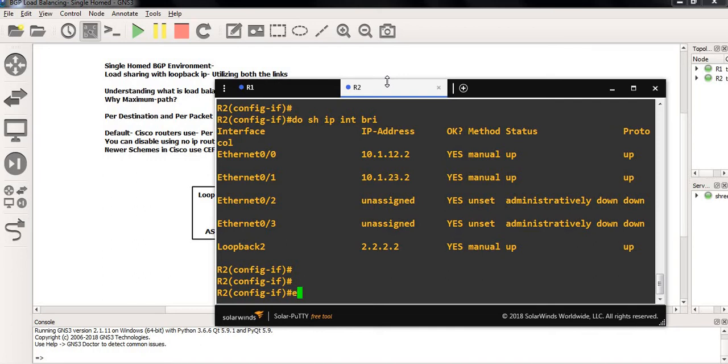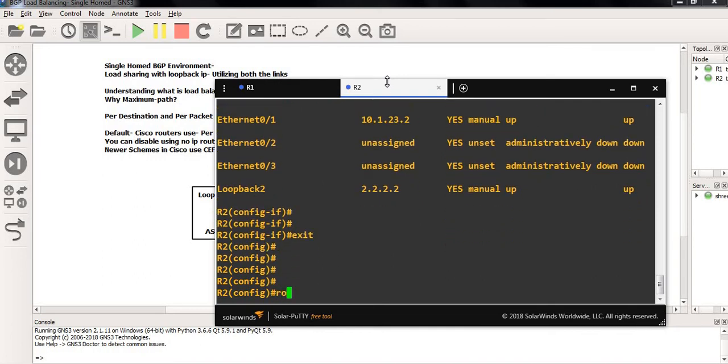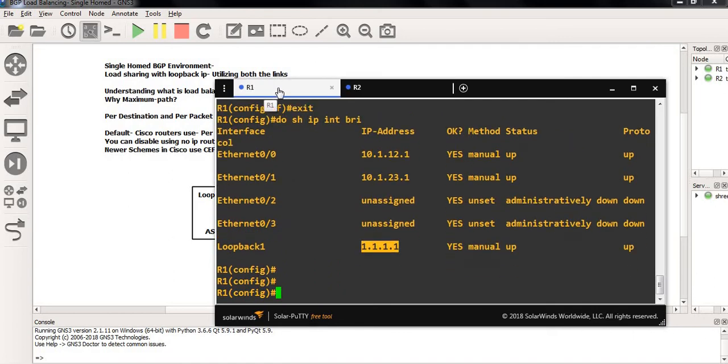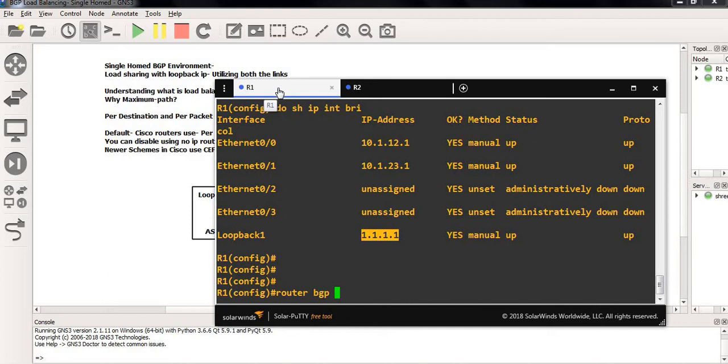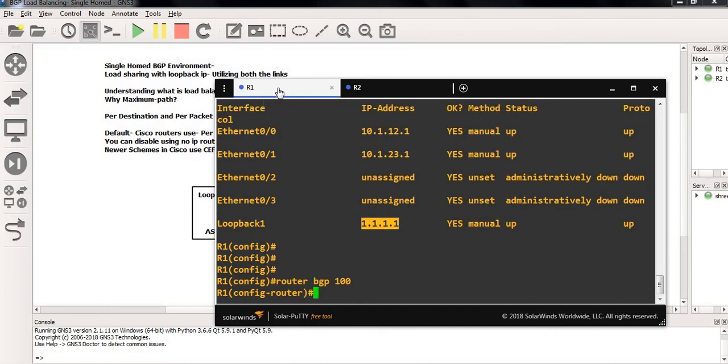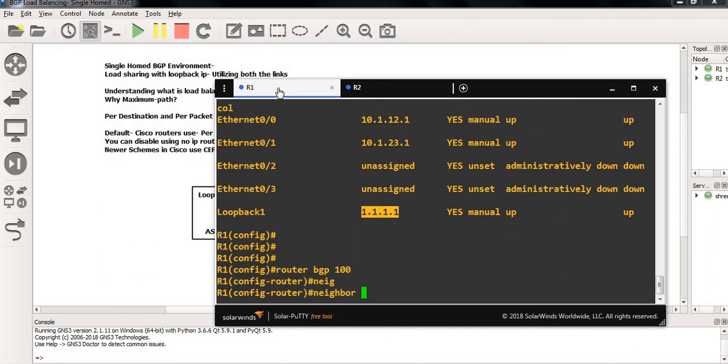So let's start doing the BGP configurations. Router BGP, let's start with this side on router 1. Router BGP 100, and I am forming a neighborship.